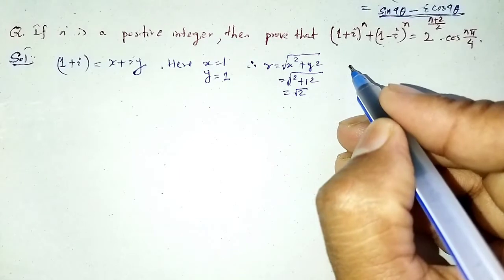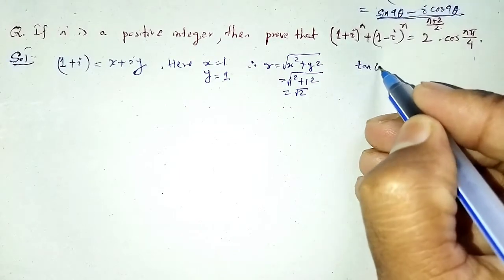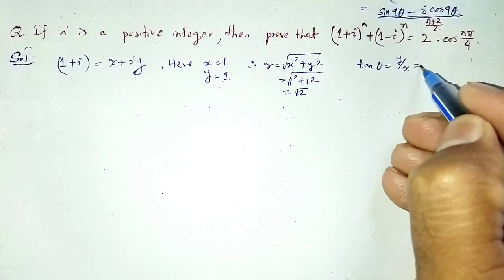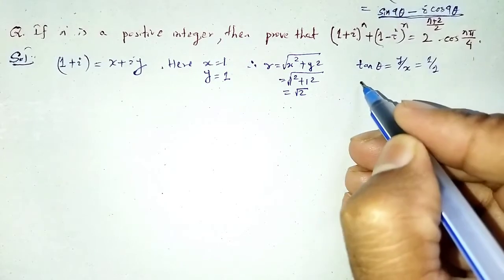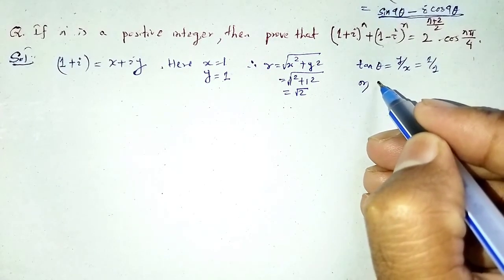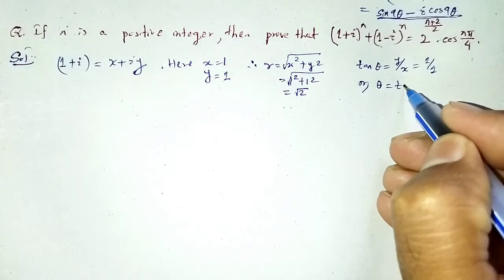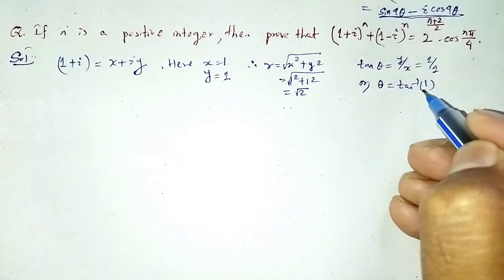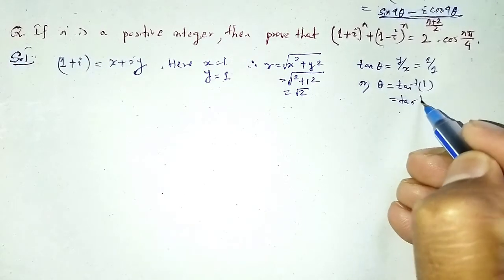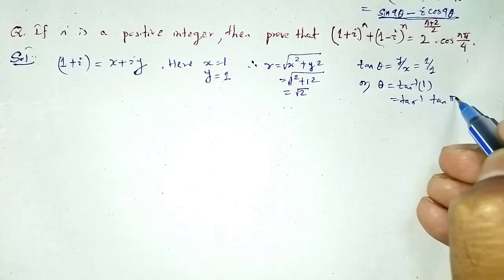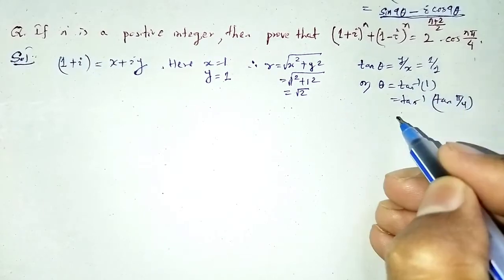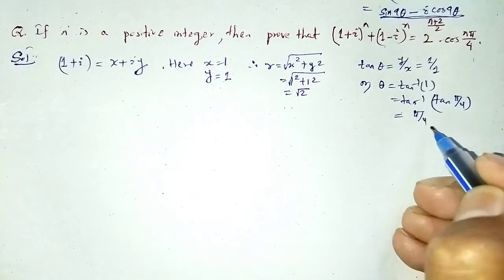And tan of that angle, tan theta is equal to y by x, that is 1 by 1, or theta is equal to tan inverse 1, and since tan pi by 4 value is 1, we have theta is equal to pi by 4.